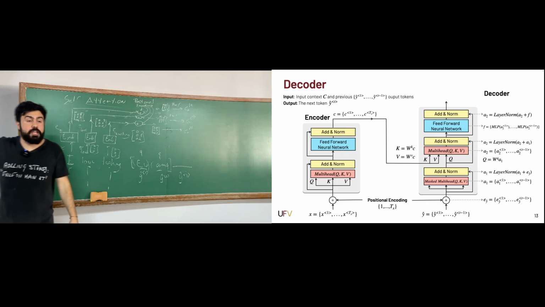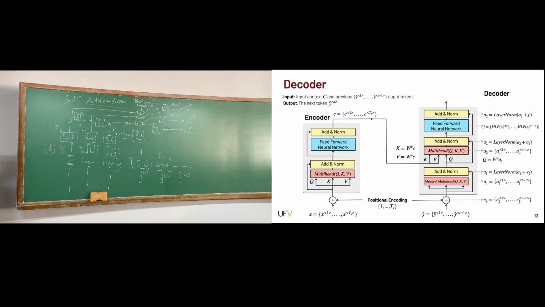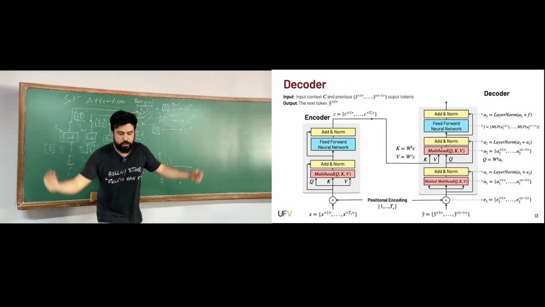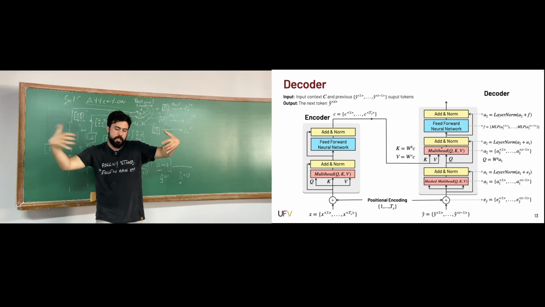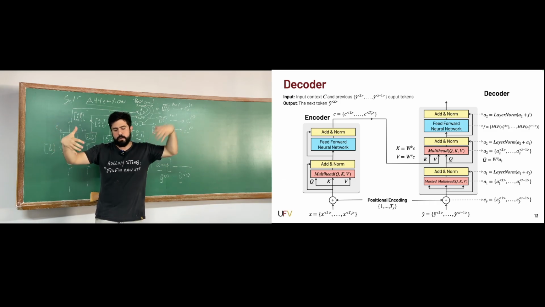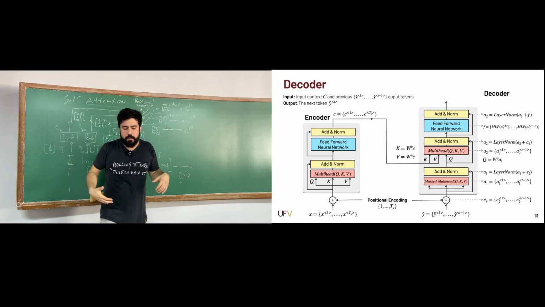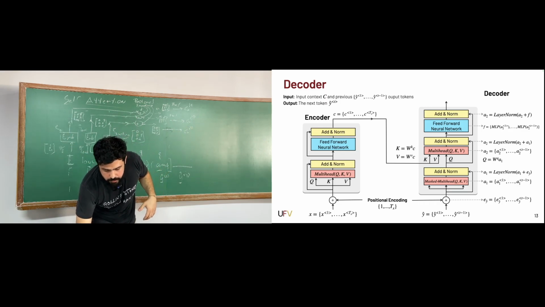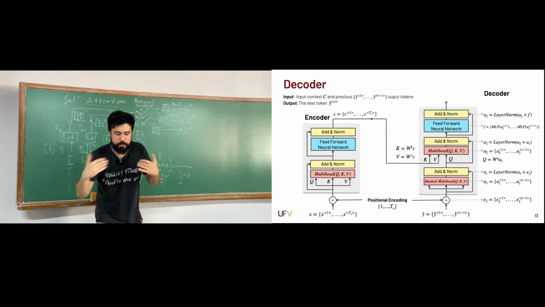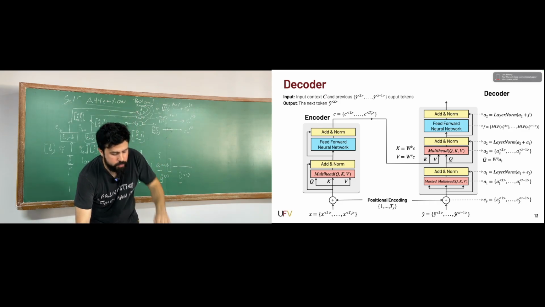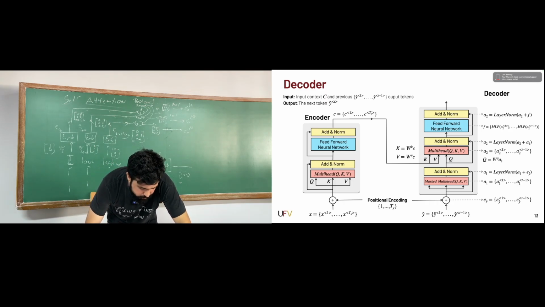The only thing that is changing is this middle multi-head attention, which is correlating the decoded sentence so far with the input sequence at each time step. And this first multi-head attention layer at the bottom is encoding the decoded sequence so far.